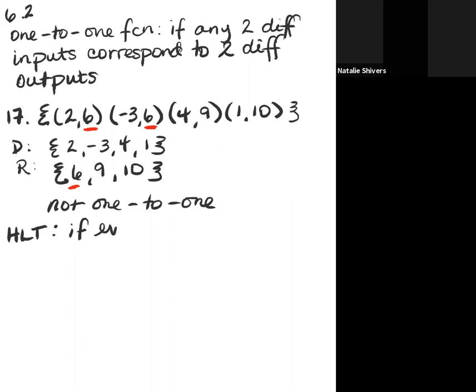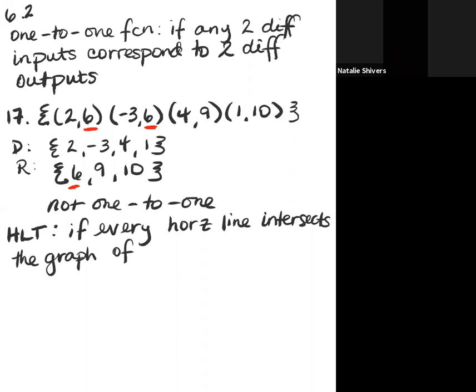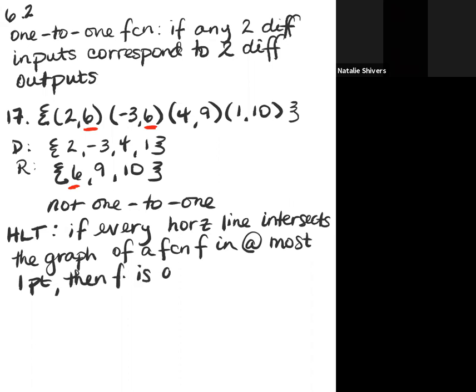So it says if every horizontal line intersects the graph of a function f in at most 1 point, then f is one-to-one.